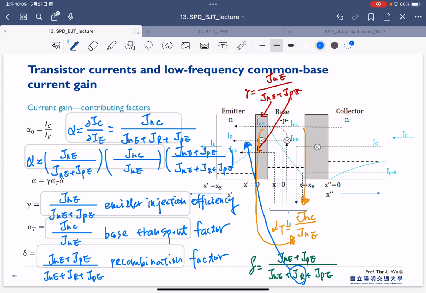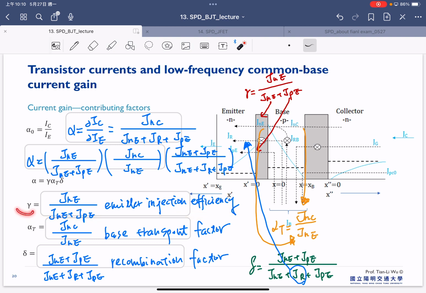Again, if you look back to the two slides before, you might get confused about why we have to go into the detail to understand each contribution factor here. But now probably you can realize that our goal is to see what kind of current component in the end can influence our current gain. Furthermore, we can divide it into 3 factors, and each factor has a certain physical meaning.